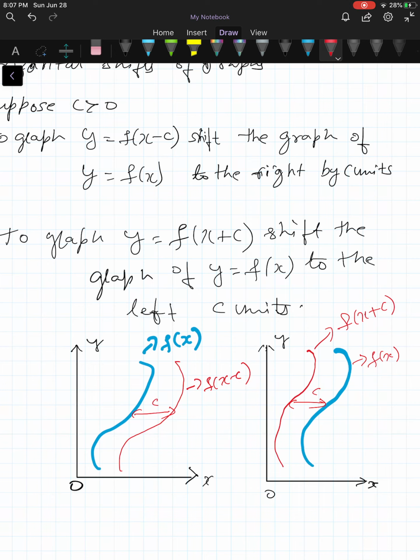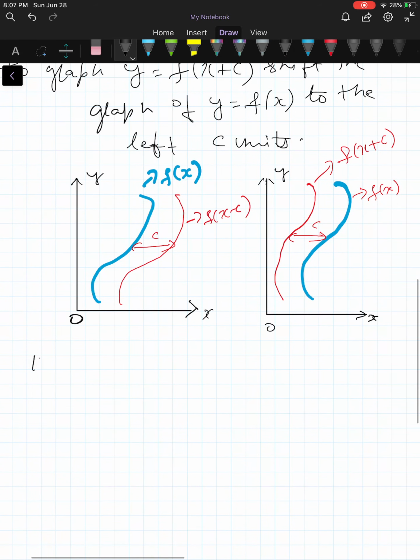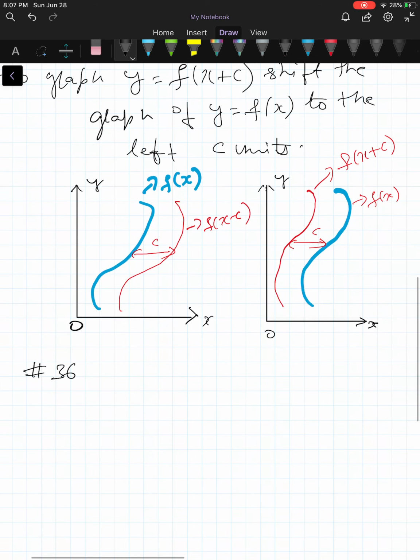Okay, let's do an example of horizontal shift now. That would be problem number 36 in your book. So problem number 36 states that f of x is equal to square root of x minus 4.